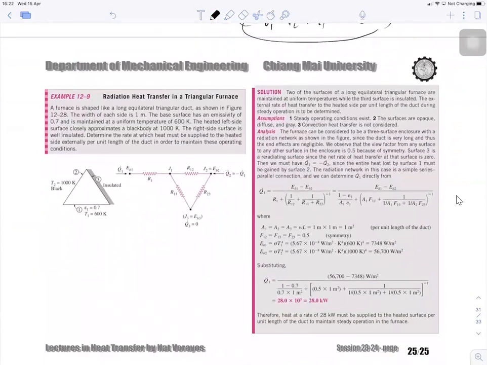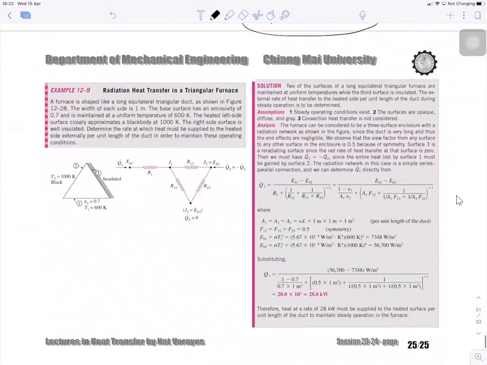Now I give you an example of the spatial problem. The problem is that there is a furnace once again, and actually the port is a long equilateral triangular duct. The figure is already there, and the width of each side is 1 meter.